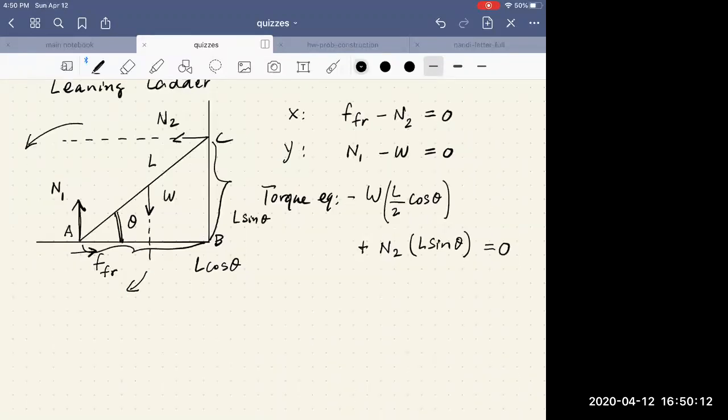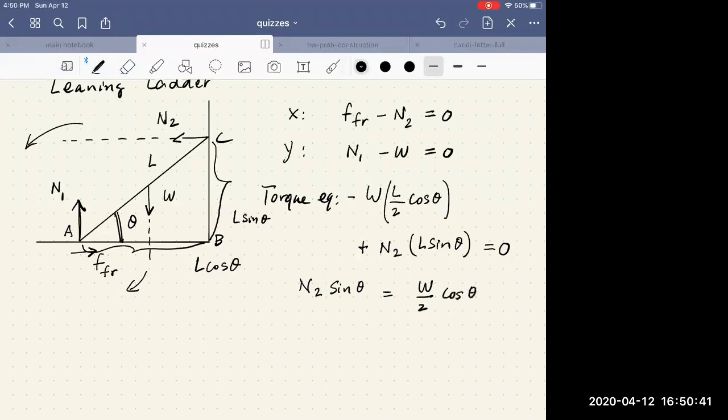From the torque equation, I can see that N2, just like before, will turn out to be, or let me just rewrite this. So N2 times sine theta is going to be W over 2 times cos theta.